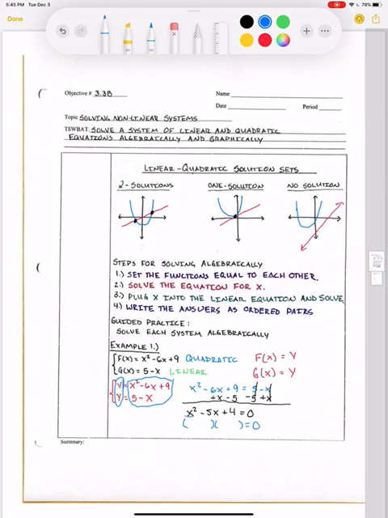To break apart x squared, I know that that is x times x. Then I need to look at the factors of 4 that add up to be negative 5. Now, because they're negative, I have to make sure all of my factors of 4 are also negative. These are all the factors of 4. And the only set that would add to be negative 5 would be negative 1 and negative 4.